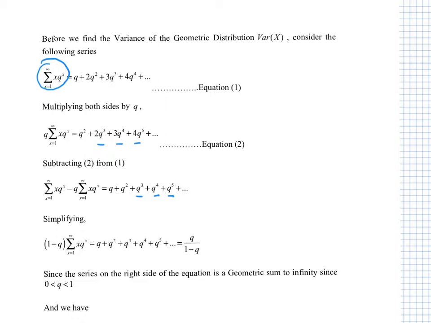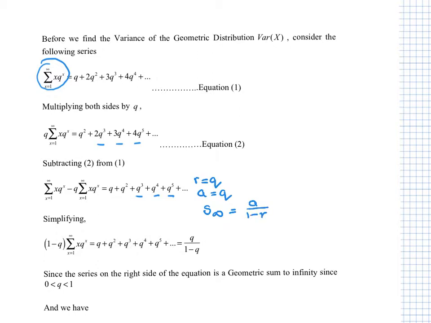This is a sum to infinity of a geometric series with r equals q. And the first term is equal to q. So the sum to infinity is equal to a over 1 minus r.